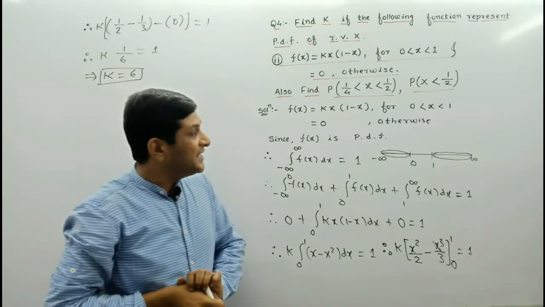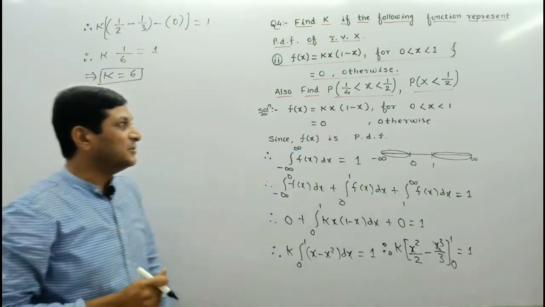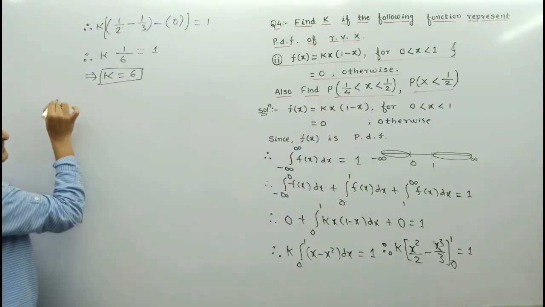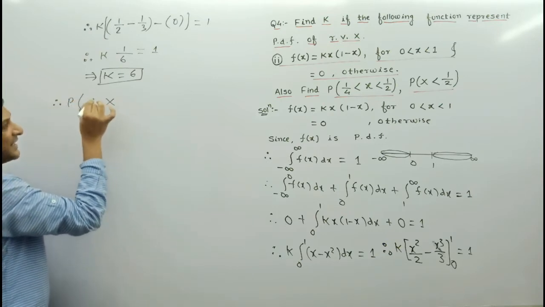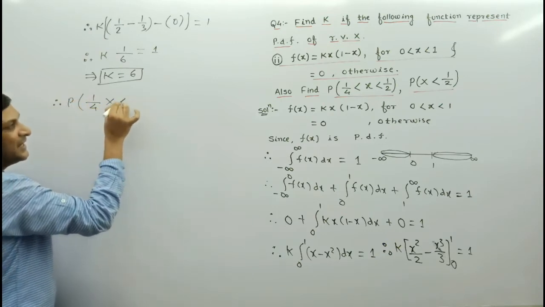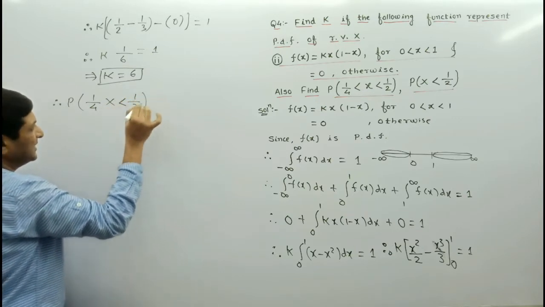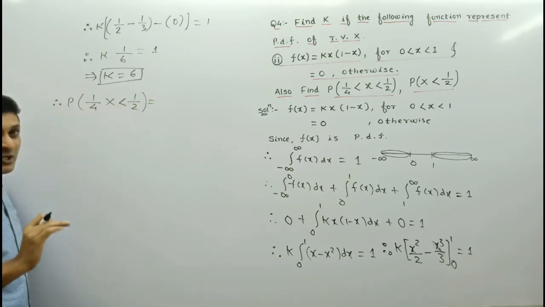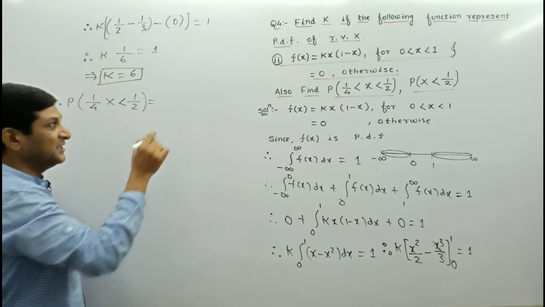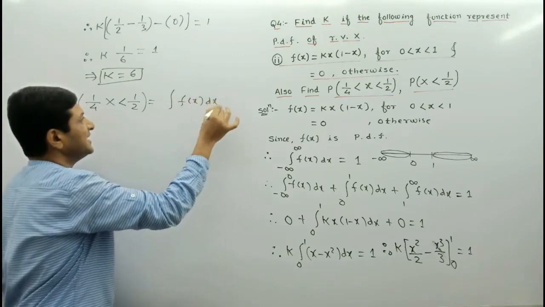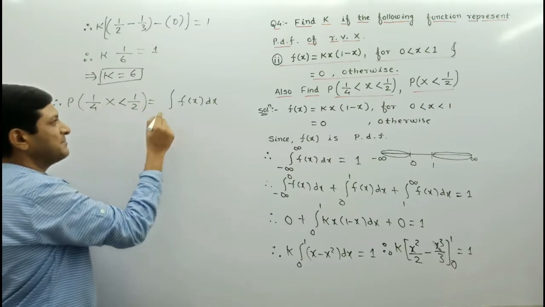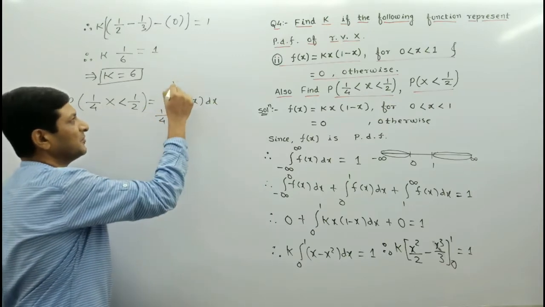Now we are finding the second required value, that is P of x greater than or equal to 1 by 4 and less than what? 1 by 2. So this is nothing but the notation of the cumulative distribution function. Here its value is the integration of f of x dx, and the limits are from 1 by 4 to 1 by 2.